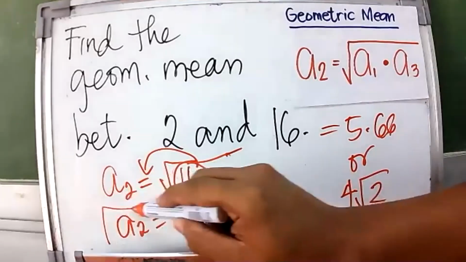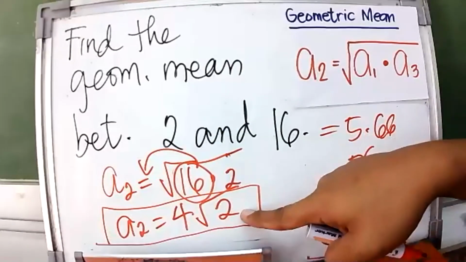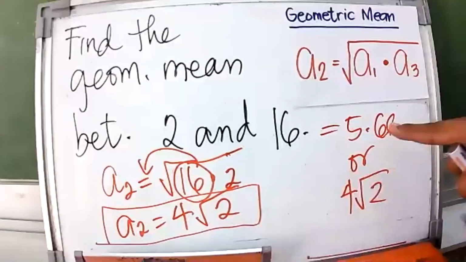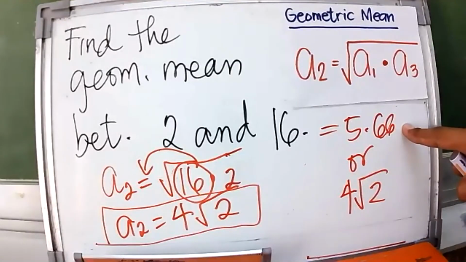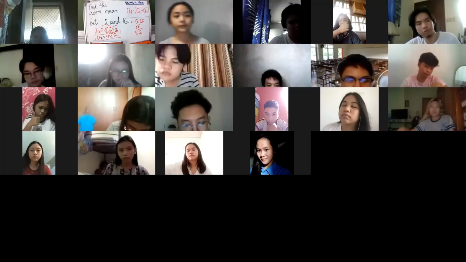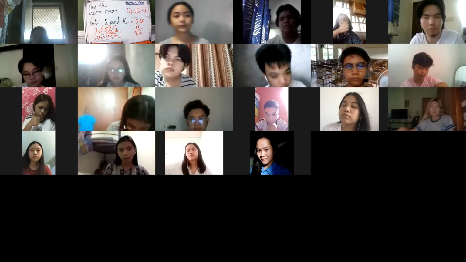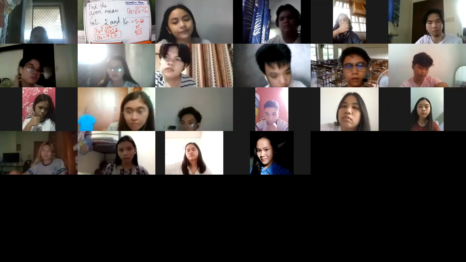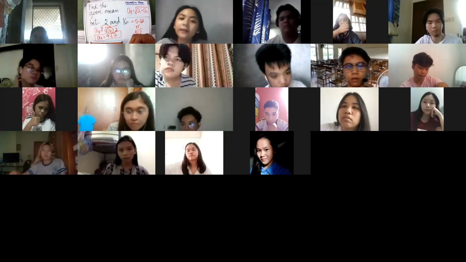So no problem if you use the radical symbol for your answer or you use the decimal. You have your calculator with you. You can press that anytime and identify the answer. Thumbs up in your screen if you got the process and the answer correctly. That's good. Our classmates are getting it correctly.